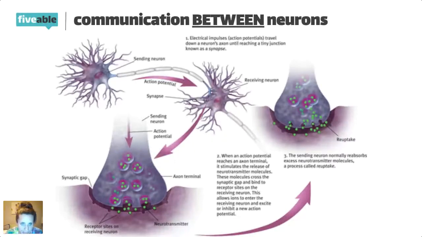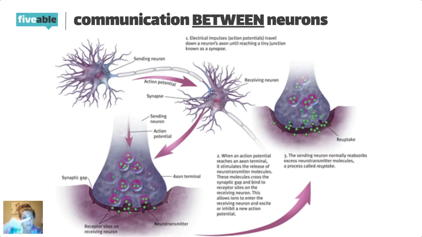So basically those little buttons at the end of the terminals that we saw on the last slide, the little kind of balls, those have neurotransmitters in them. And we call those synaptic vesicles or maybe terminal buttons. Sometimes it depends what your book is calling them.